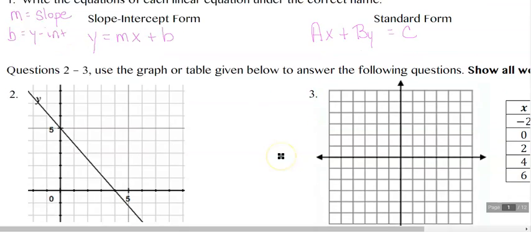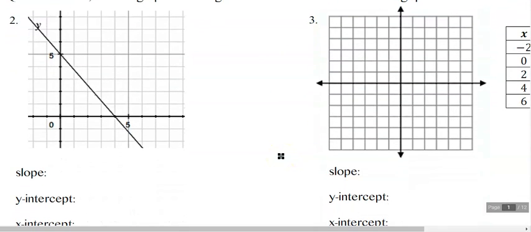All right, let's look at this first graph, number 2. So we've been given this graph, and obviously this is a screenshot, so there would be arrows at the ends of this. Just want to make sure y'all understand that. If we want to look for the slope with a graph, most of the time we can just look at the graph and we can figure it out.